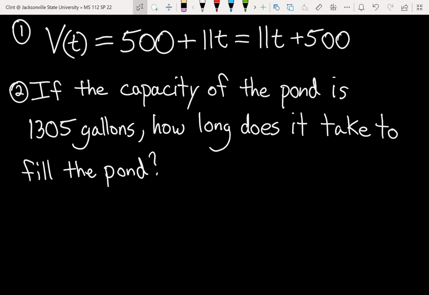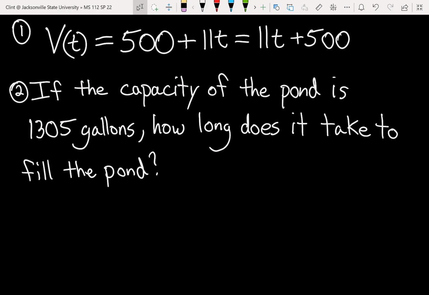So what amount of water are we trying to get to? Yeah, 1,305 gallons. So what we want to know is that when v of t is 1,305, how much time's gone by? What's t?